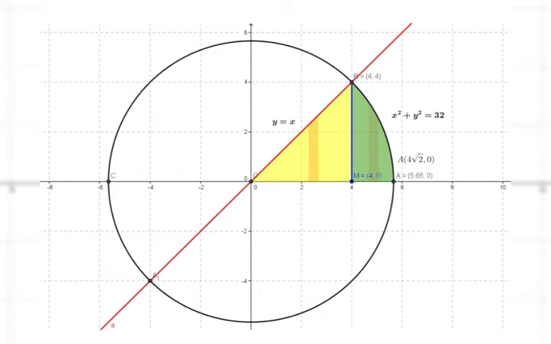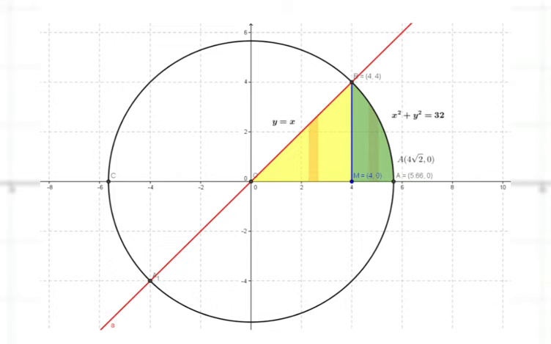So x squared plus y squared equal to 32 changes to x squared plus x squared, because y is equal to x. But remember, y is not always equal to x. Since we are talking about the coordinates of the point B, only because of that, x is equal to y.